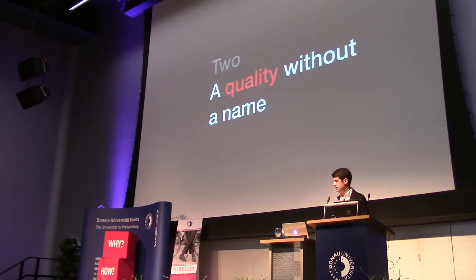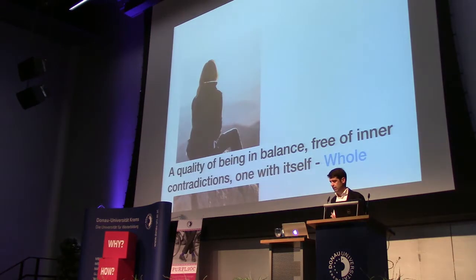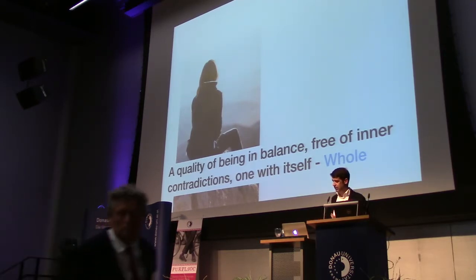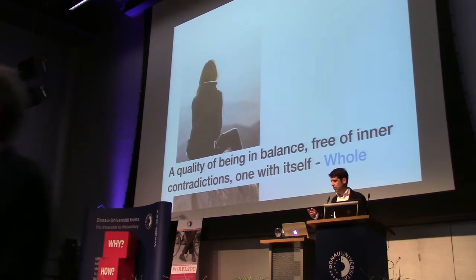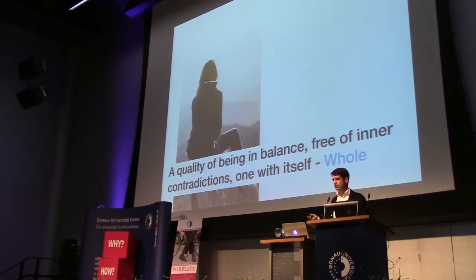And this quality is somehow so holistic that you can't call it by one name. How can you describe it? One way of describing it is a quality of being in balance, Alexander says, free of inner contradictions, one with itself, or oneself. This word: whole. Be it a building, be it a person, be it something which I make.